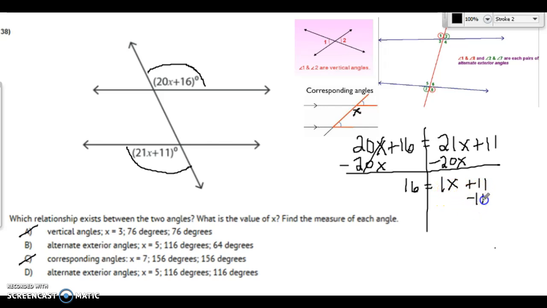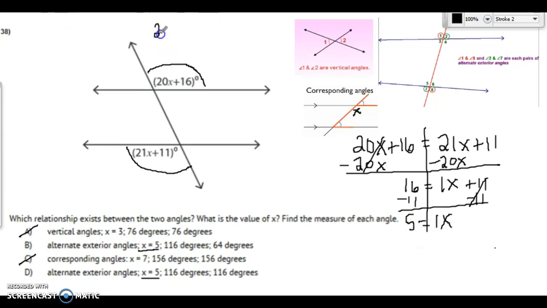I'm going to do the opposite, which is minus 11. Then I could divide each by 1 if I needed to, but I don't need to. So I know that x equals 5, which doesn't help us eliminate anything because they both say that x equals 5.